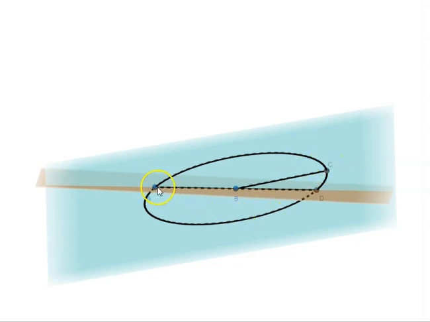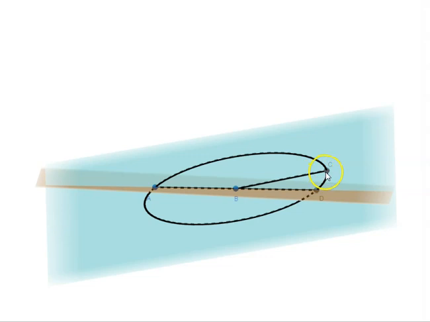No, because remember, ABC, if it is a straight line and it is passing through the center, that means it is the diameter of this circle. So we have ABD as the diameter of the circle. ABC also is a diameter of the circle based on our assumption.